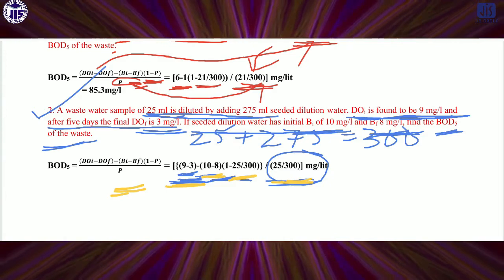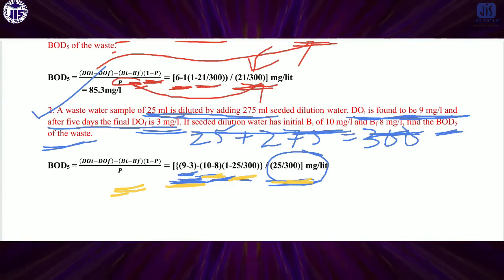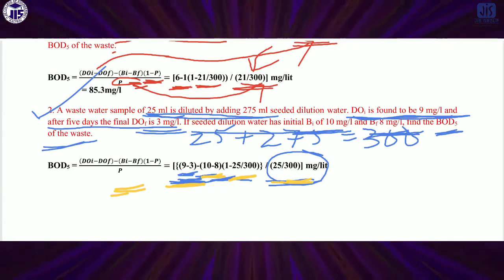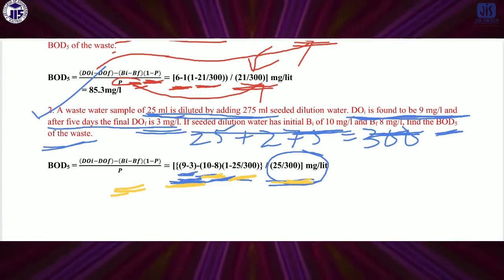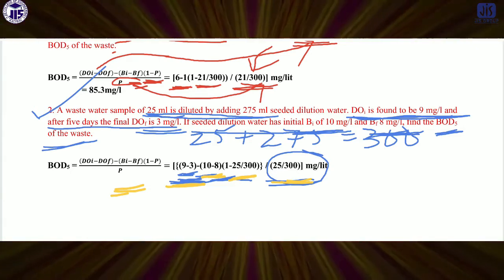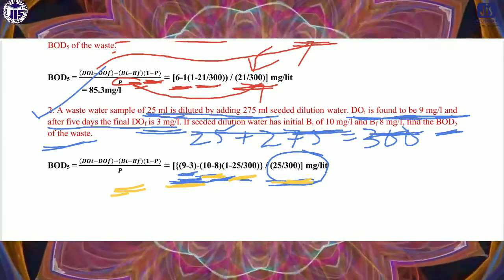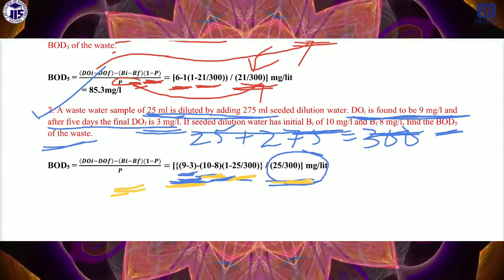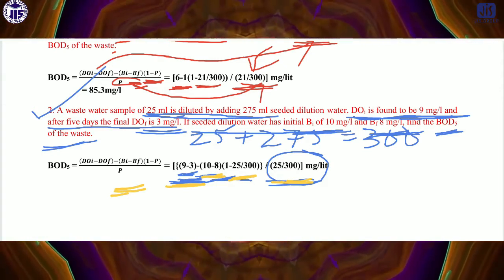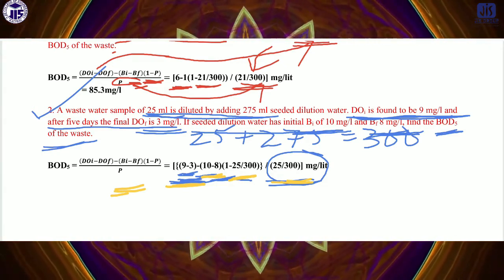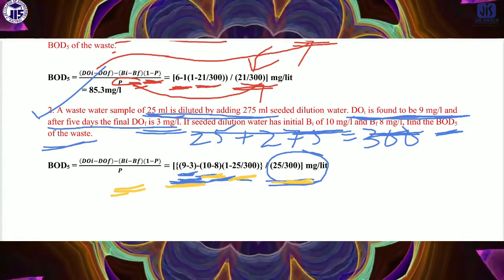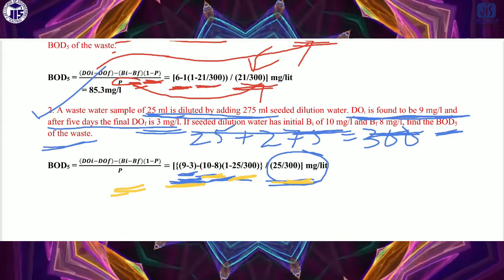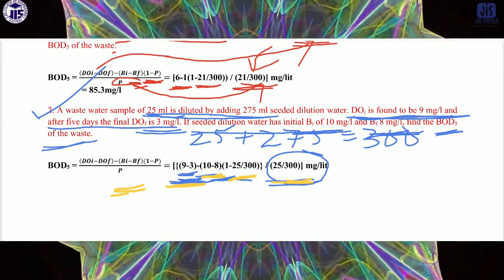So there may be such kinds of questions where you have to solve from your proper idea what the value of DOI will be, what the value of DOF will be, then BI, BF, then p, the dilution factor. In this way you have to solve this kind of numerical problems, because in BOD calculation each and every year you can see different kinds of numerical problems in the question paper.